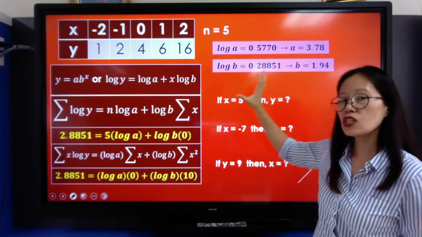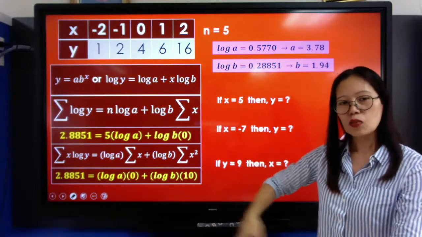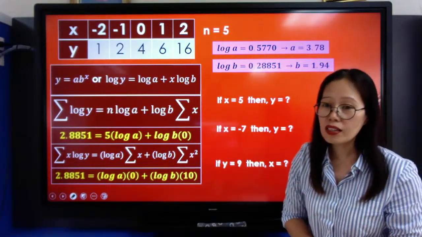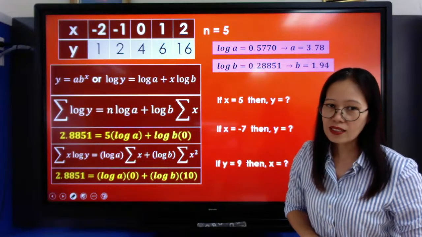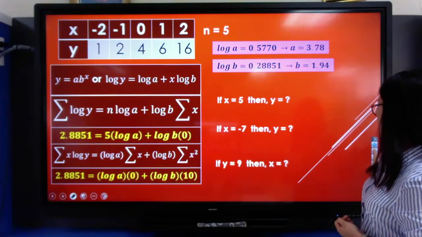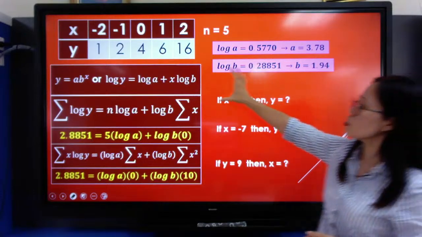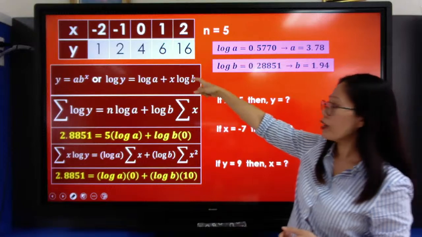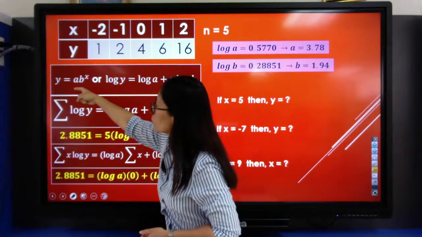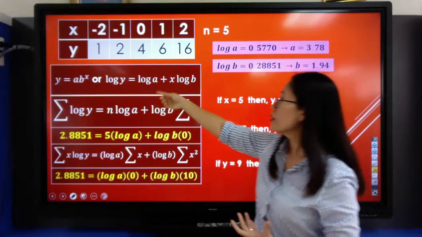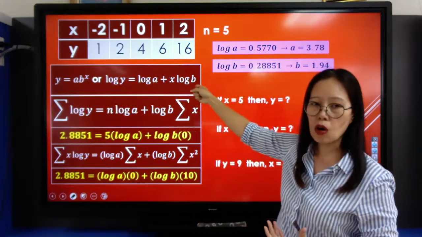So all we need to do is what? We can now identify our functional relationship. You have a choice here. You can make your functional relationship in exponential form, or in logarithmic form.